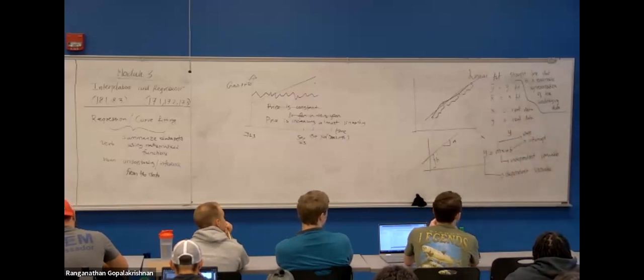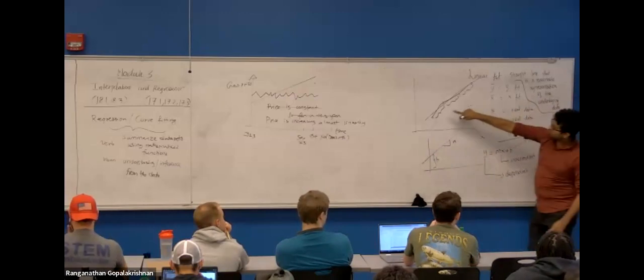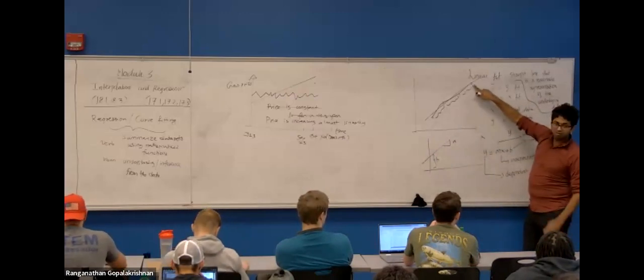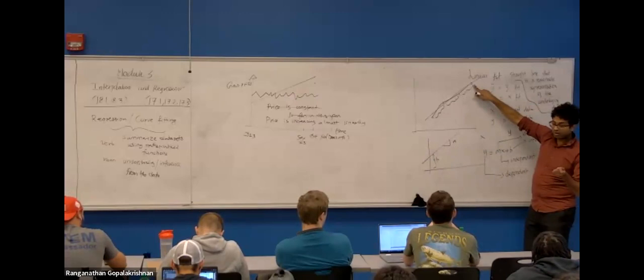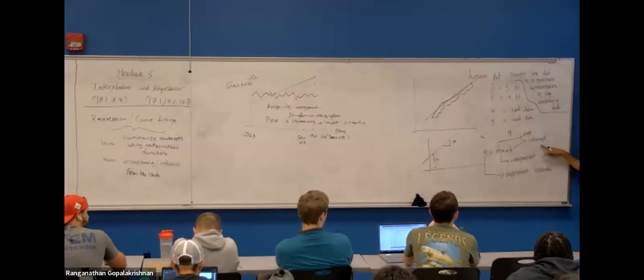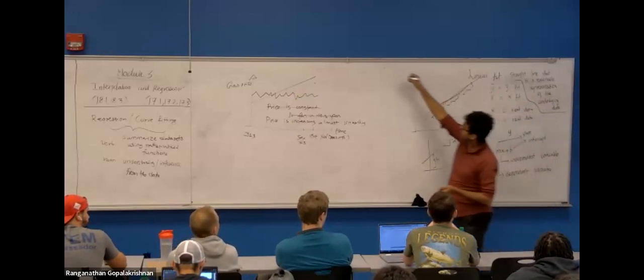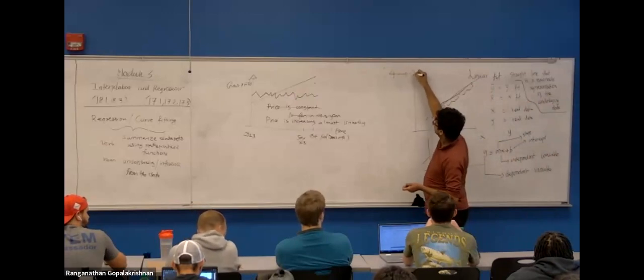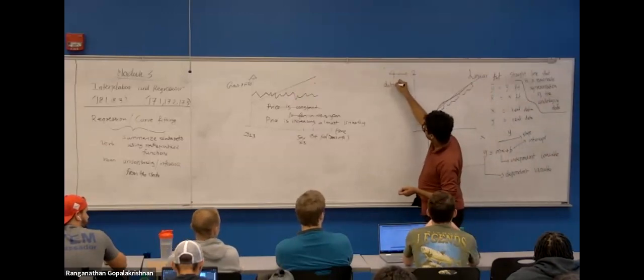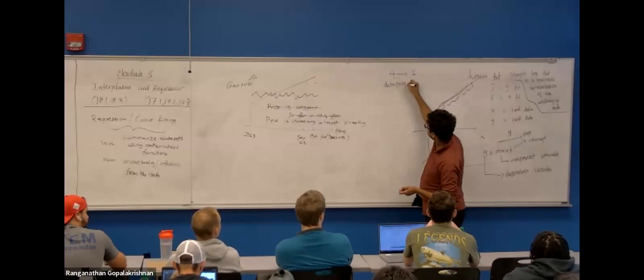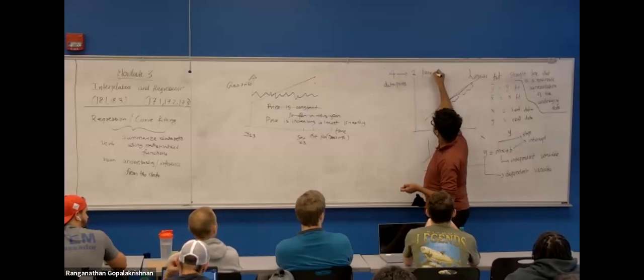Now, in here I showed you 4 data points, which are then summarized using a straight line, which has 2 parameters. So you went from 4 to 2. 4 data points summarized using 2 parameters.